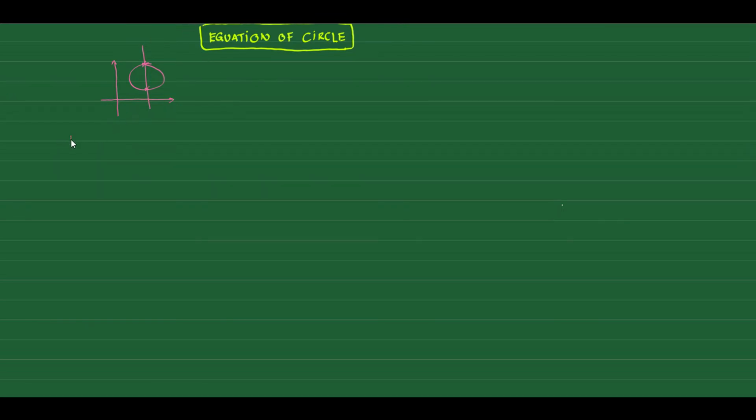So on the first part, we have a definition. What is a circle? The circle is nothing but a collection of many points, infinitely many points.